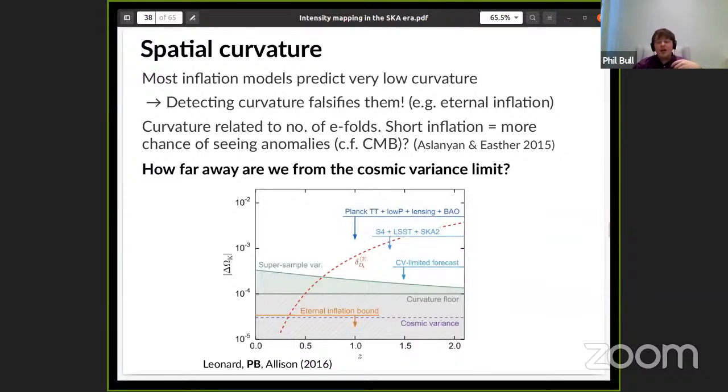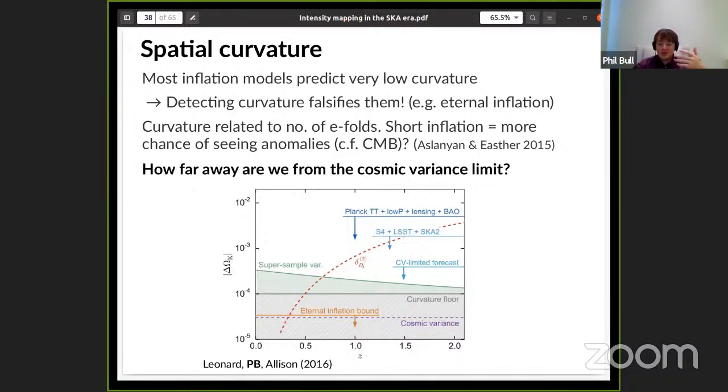I also mentioned spatial curvature as well. I won't go into the argument too much here, but there are various big subclasses of inflationary model where if you did detect even a small amount of spatial curvature in the universe, it would falsify those entire classes of inflation model. Most of them predict curvature to be very, very small.